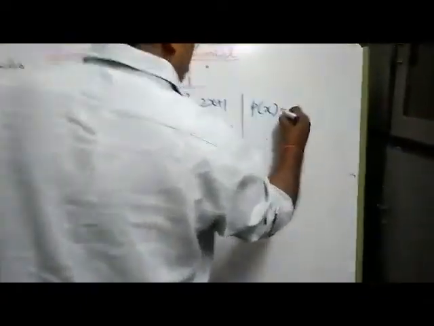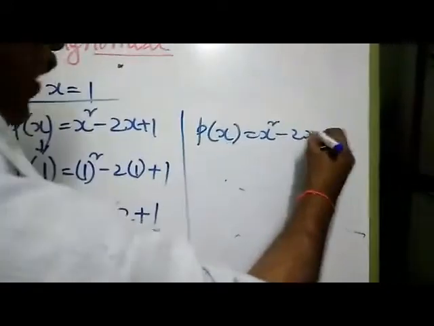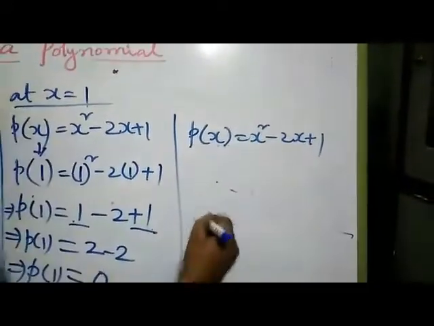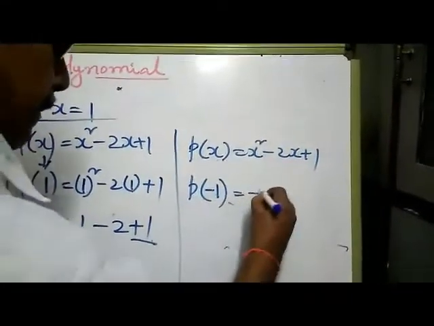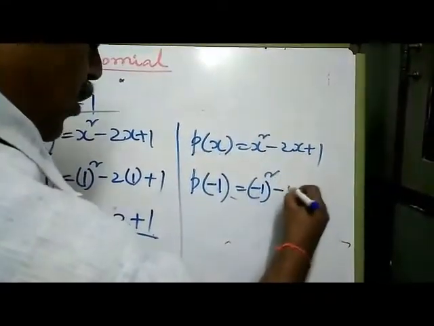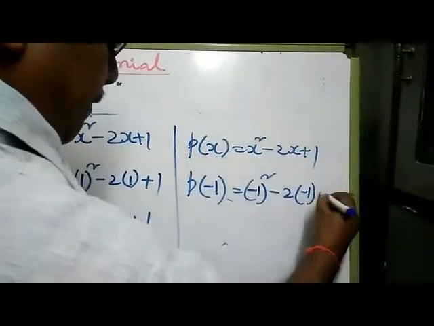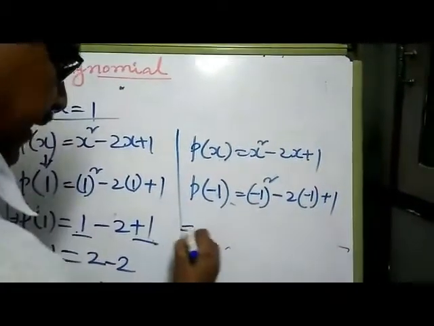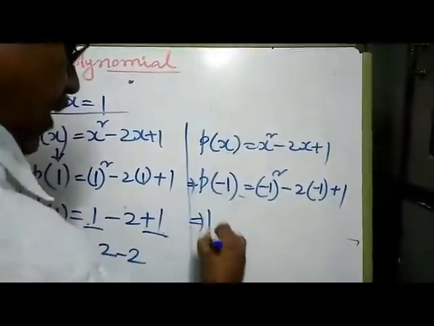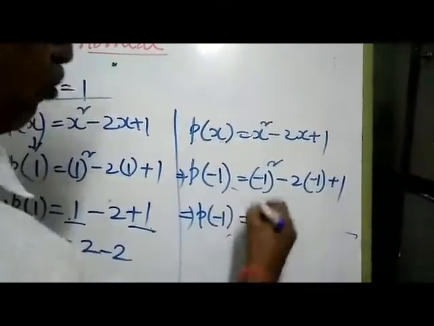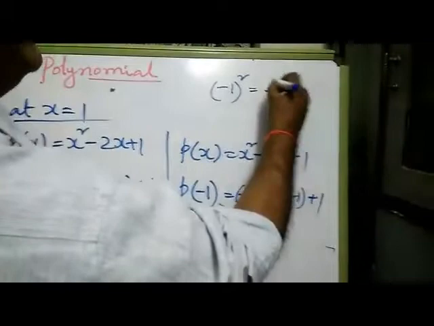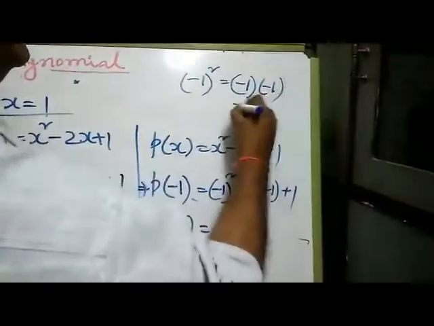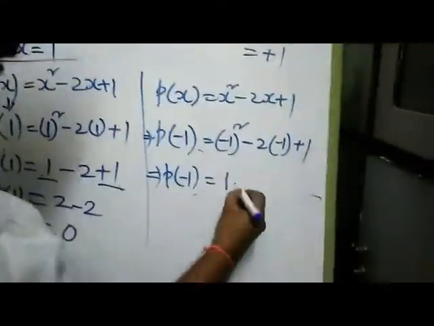P of x is equal to x square minus 2x plus 1. P of minus 1 is minus 1 square minus 2 into minus 1 plus 1. That implies P of minus 1 is equal to minus 1 whole square. Minus 1 whole square is equal to minus 1 into minus 1 is equal to plus 1. That's why plus 1.